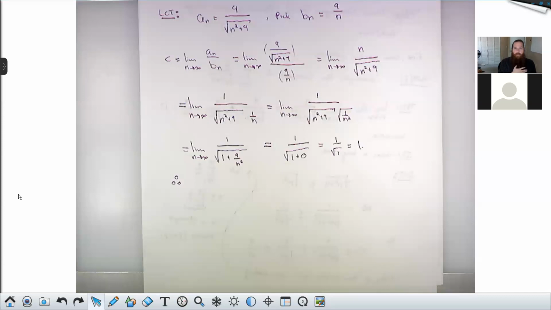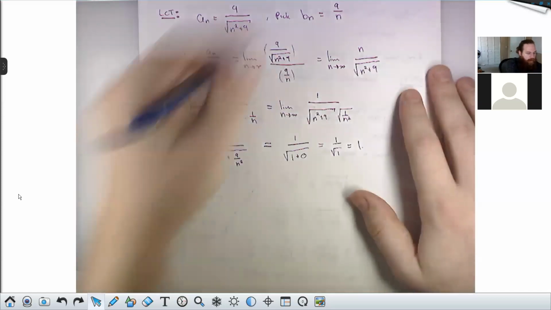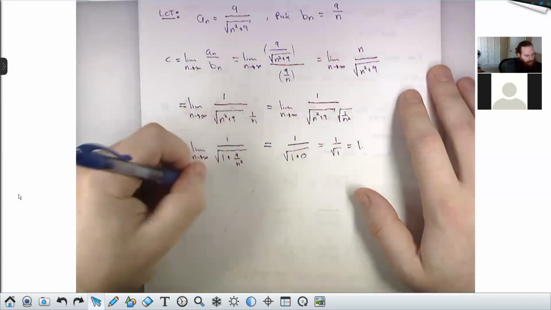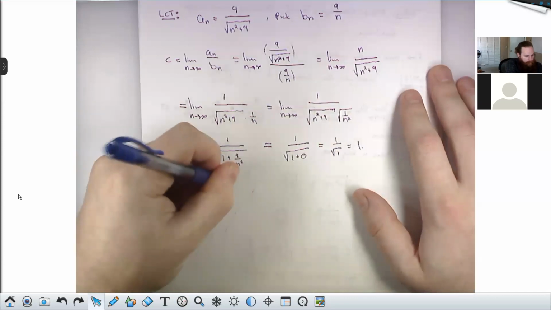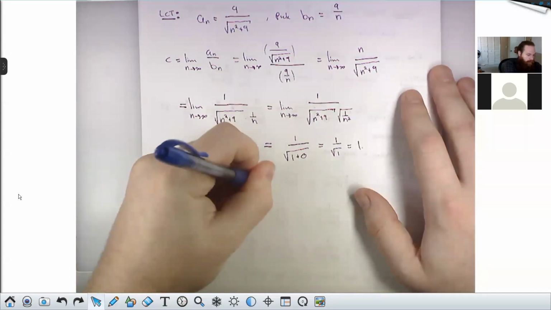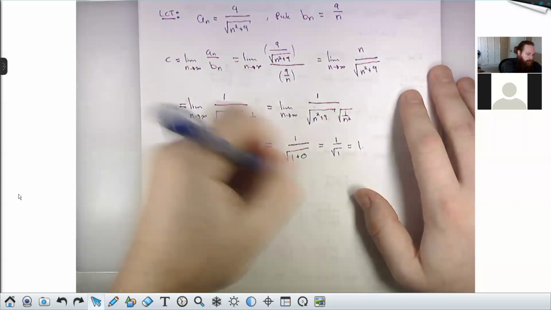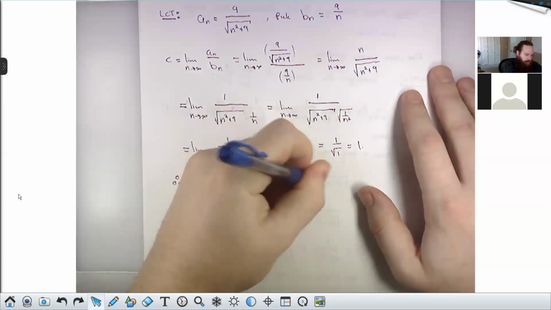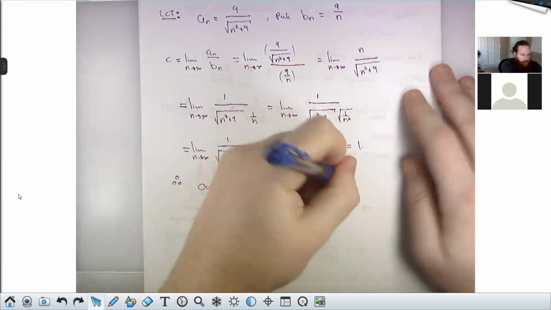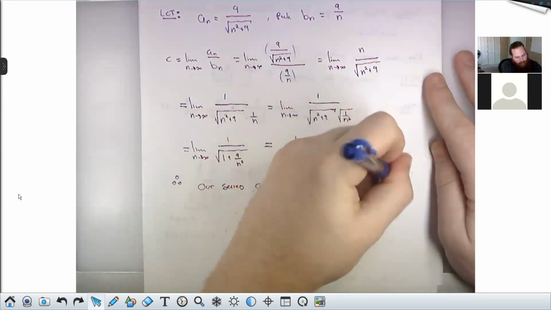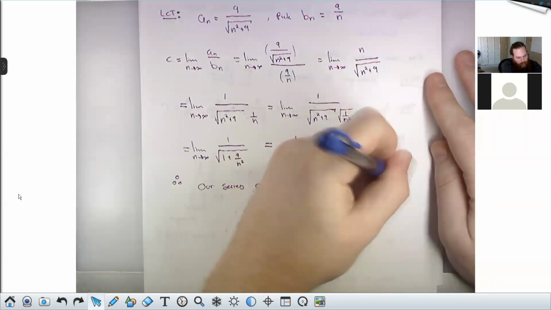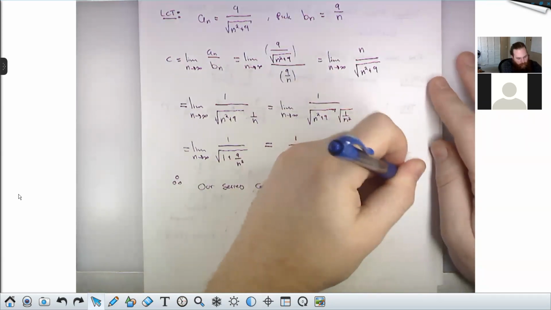Good. The series I was given does the same thing as the series of the Bn's. Therefore, our series converges or diverges together with sigma n from 1 to infinity 9 over n.